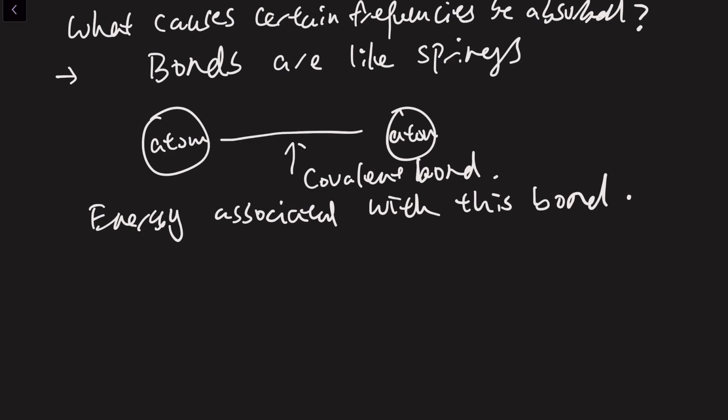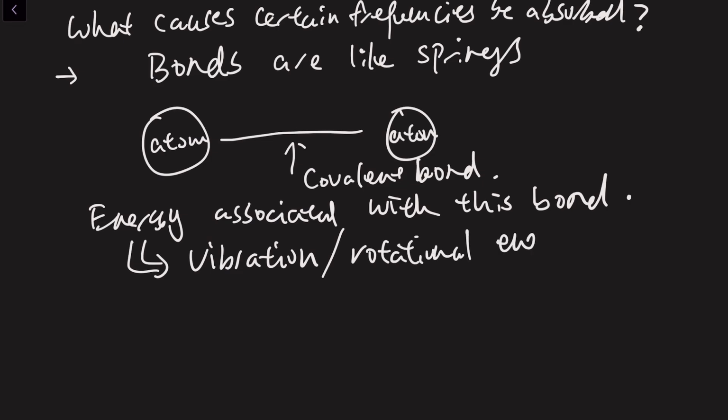And this energy is represented or stored as vibration or rotational energy. Each covalent bond between atoms will vibrate at a certain frequency, and this vibration frequency is the bond energy, so how strong this bond is.